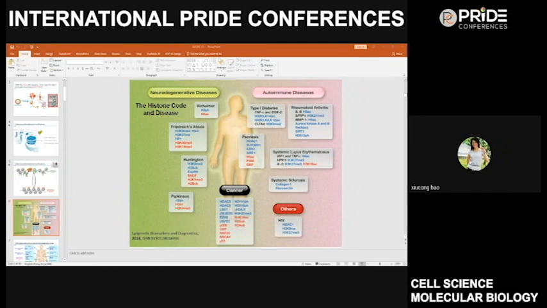And also, histone modifications can function as a platform to recruit reader proteins, and then they can initiate the downstream pathways. Given the importance of histone modifications, during the last 20 years a lot of evidence has shown the association between abnormal histone modifications and the development of human disease.